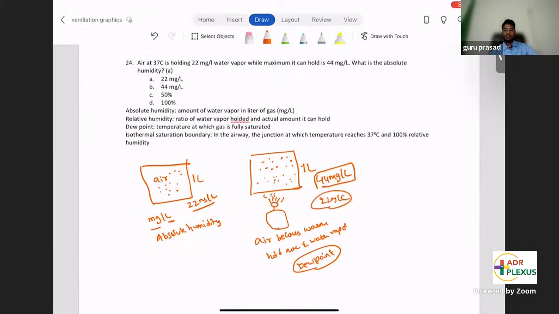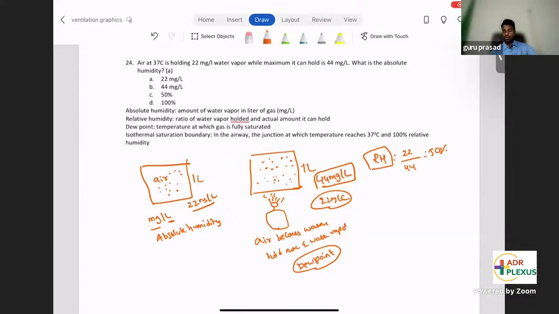Then they will ask, what is the relative humidity? Relative humidity is a percentage: the water vapor that is present compared to the capacity it should hold. That is relative humidity 50%. So absolute humidity is the water vapor present in milligram per liter, whereas relative humidity is the ratio of the water vapor that is present to the water vapor that can actually be held by the air at that temperature.